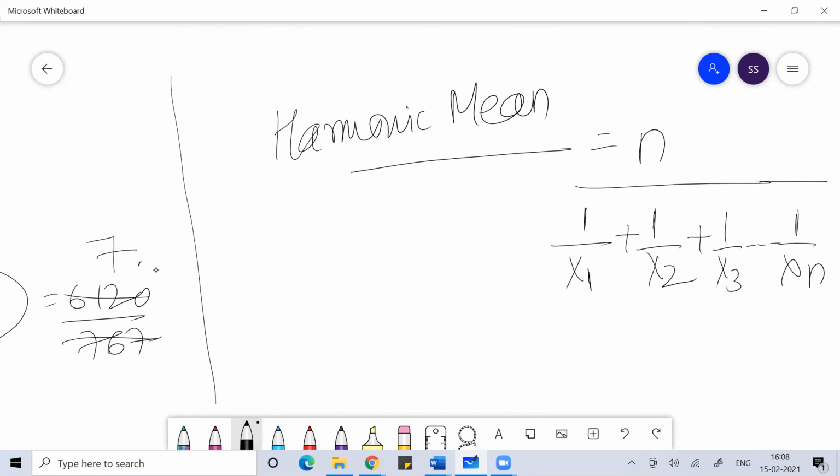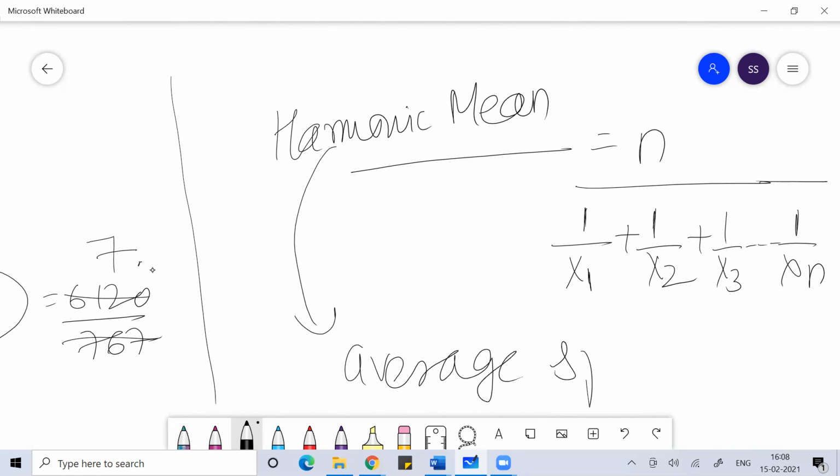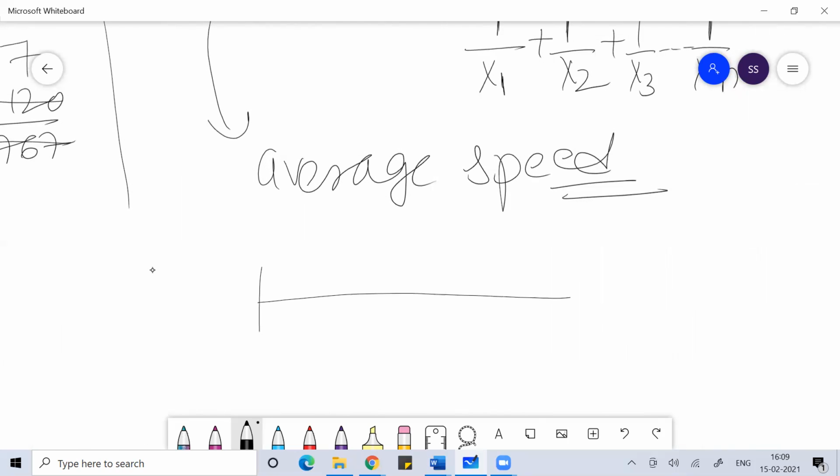The same harmonic mean we use whenever we have to solve a question of average speed in time, speed, and distance. So if the distance is the same, imagine I go half of the distance at a kilometer per hour, and another half at b kilometer per hour.